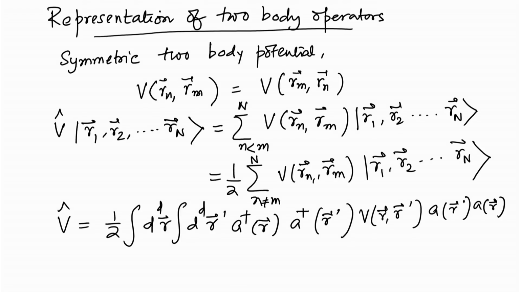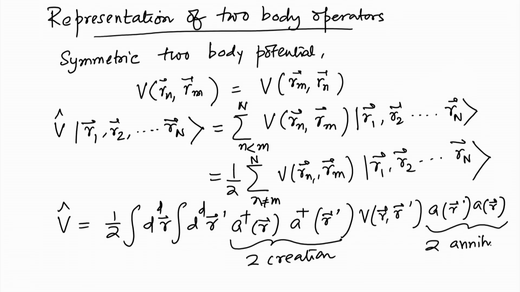So, that is the form of a two body potential. See that it contains two creation operators and two annihilation operators.